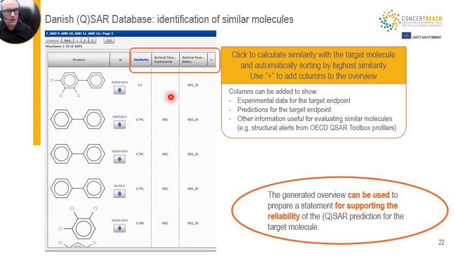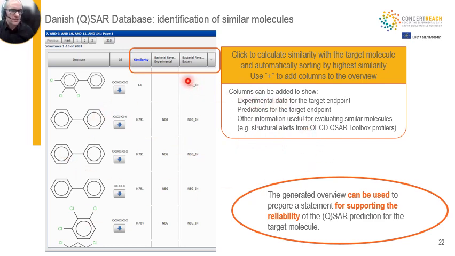And one can also include additional information as columns in a kind of data matrix, for example, about the experimental data available, the results of the model we want to investigate, but also, in case molecules with a different alert profile want to be kept in our overview, we can also include the results of the profiler to see if there are different alerts in the molecules.